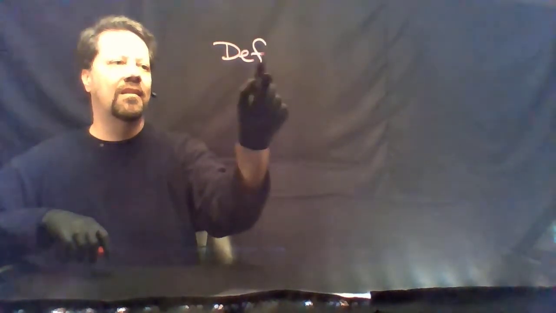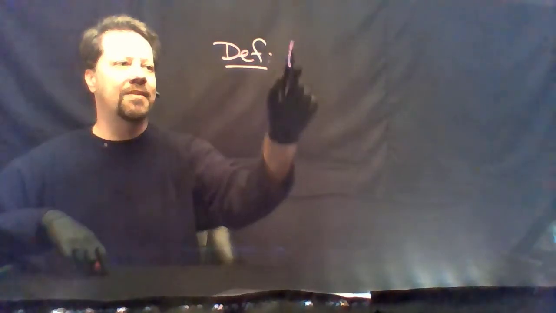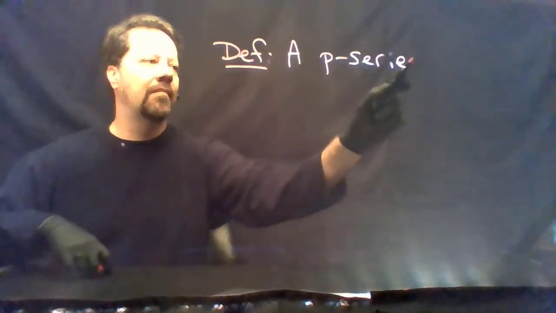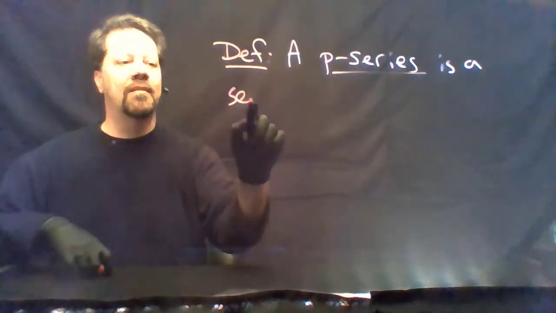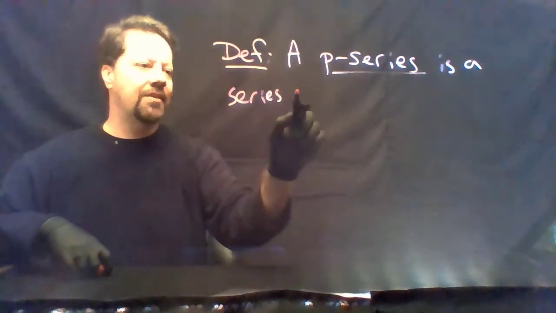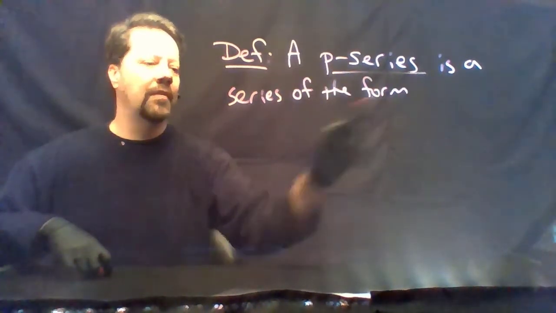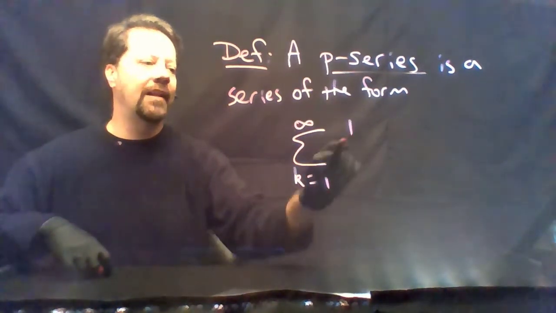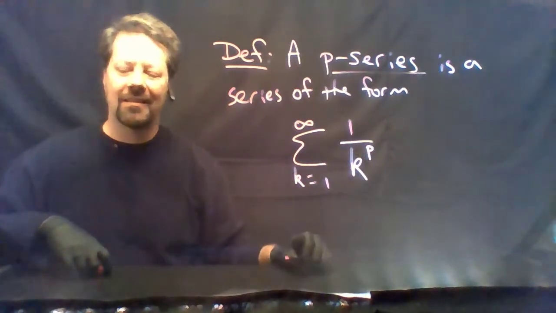I'm going to define a new kind of series. It's called a p-series. A p-series is a series of the form the sum, as k goes from 1 to infinity, of 1 over k to the power of p.